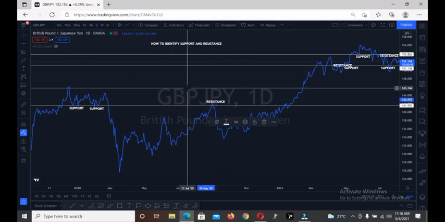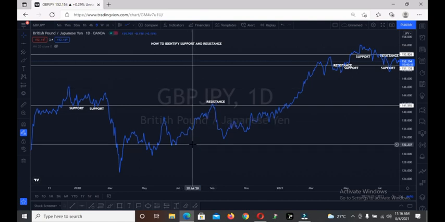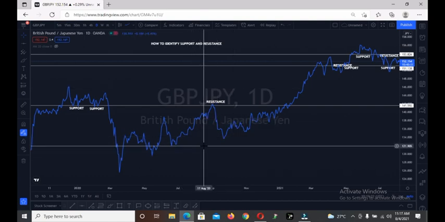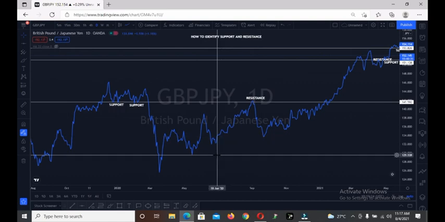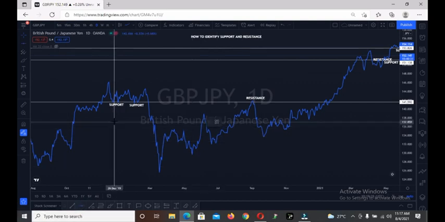I hope you do remember the definition of resistance and also support. So let's give another typical example using our horizontal line, marking out points of resistance and support.